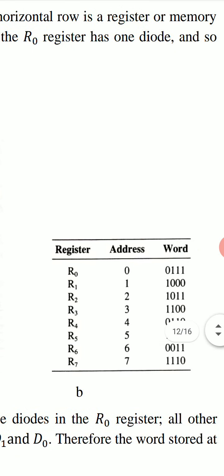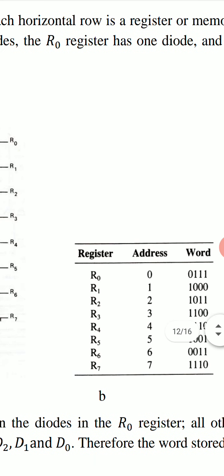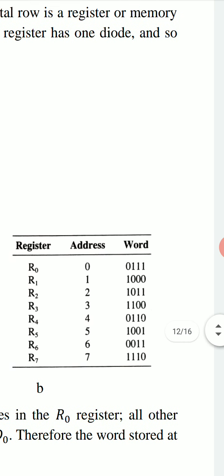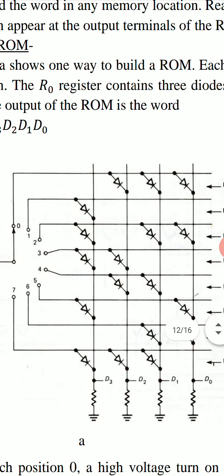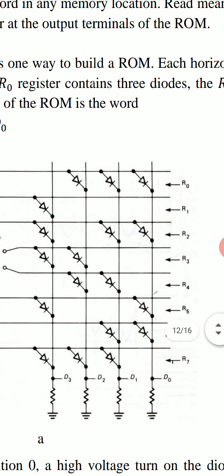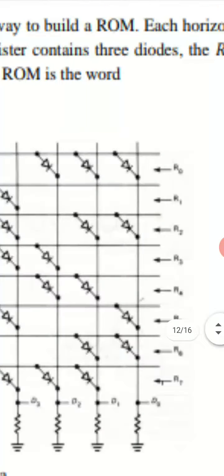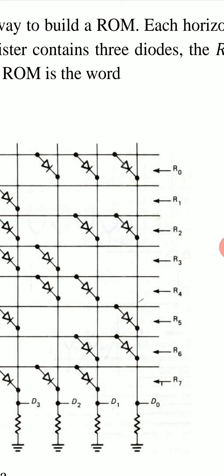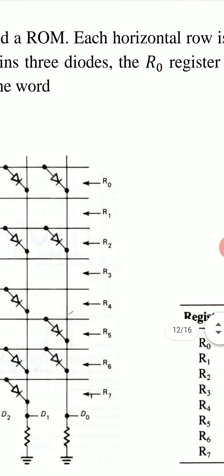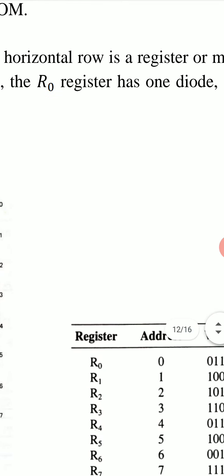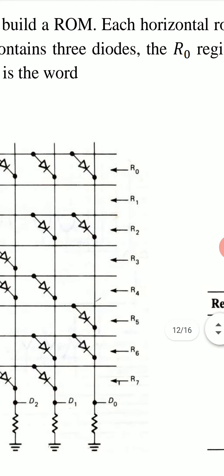The R0 register contains 3 diodes. See this figure. And again we write the R0 register has 1 diode.